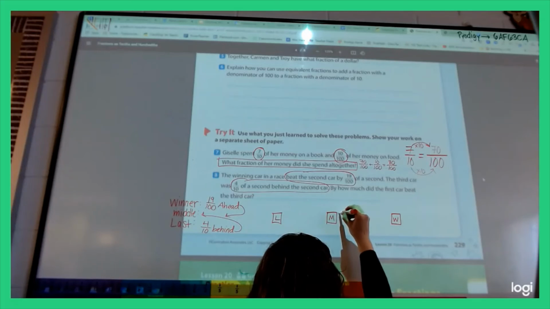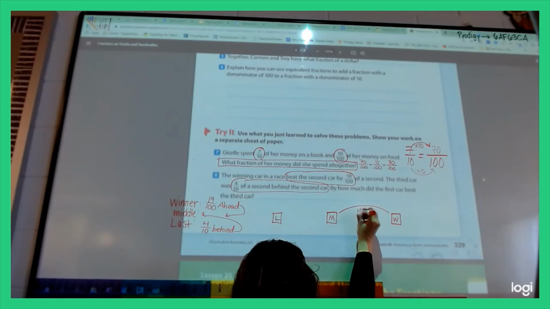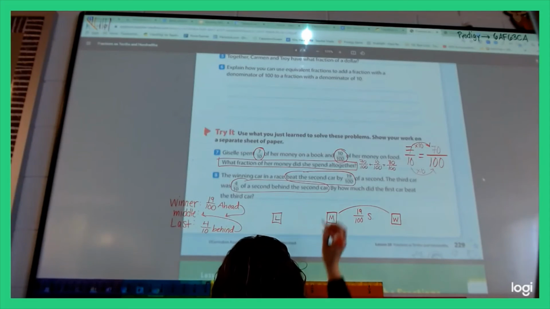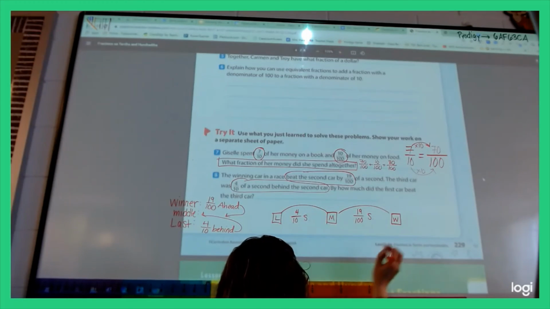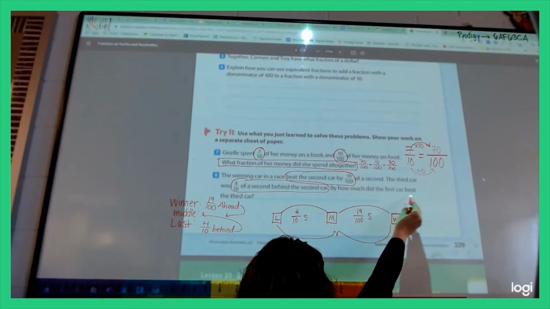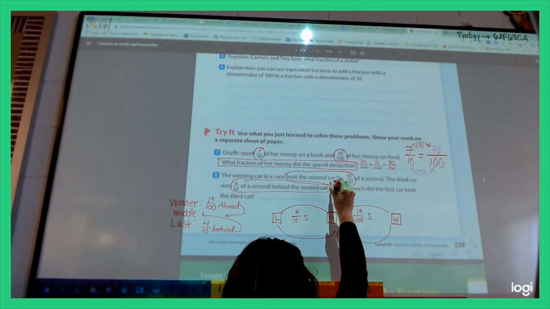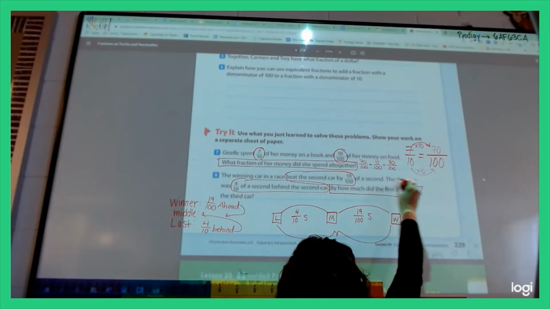So the distance between the winner and the middle car is 19 100ths of a second. The distance between the middle and last car is 4/10 of a second. Now I need to know this entire distance. By how much did the first car beat the third car? And I didn't put my question in a box.